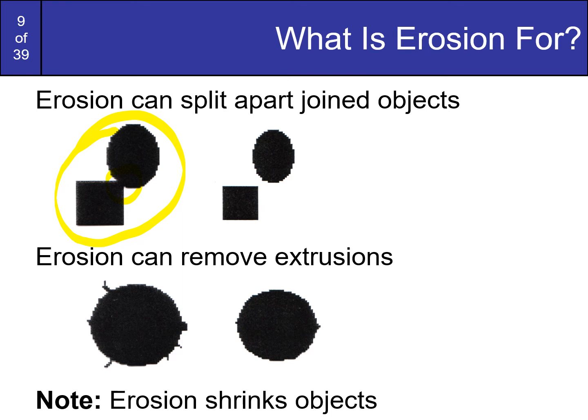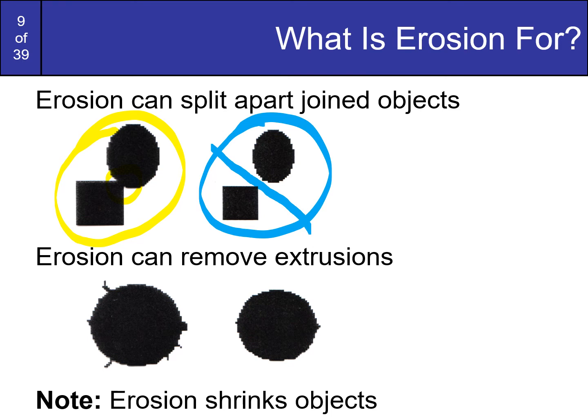And the result of erosion on this type of problem is this one. So we have a clear separation there. This is maybe useful when I want to do tasks like counting objects, etc.